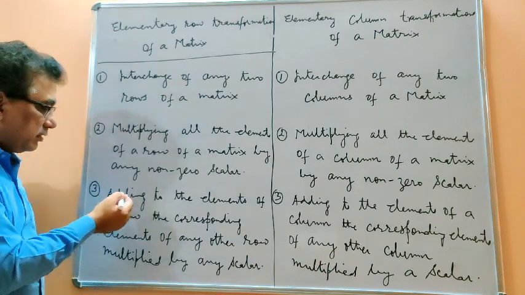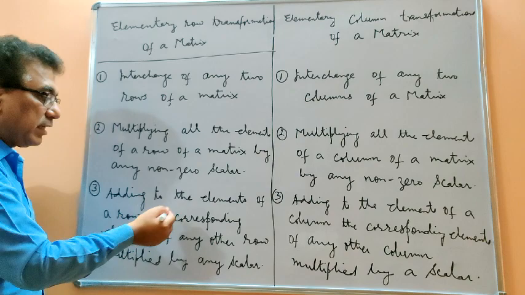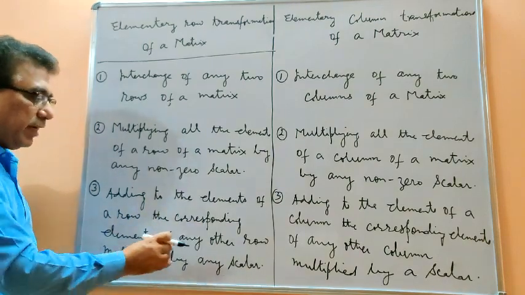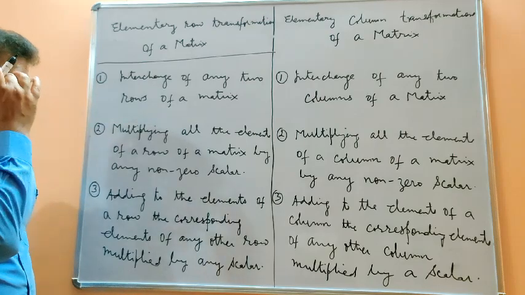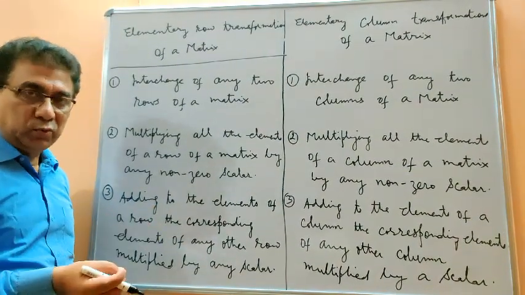The third type is adding to the elements of a row the corresponding elements of any other row multiplied by a scalar. Suppose we are doing the operation in R2.